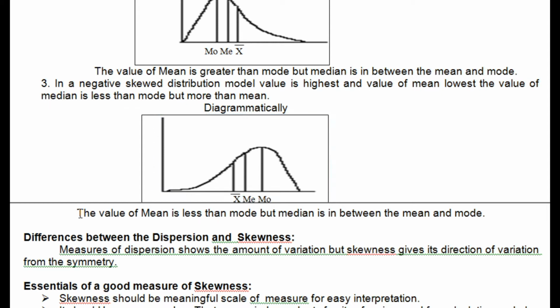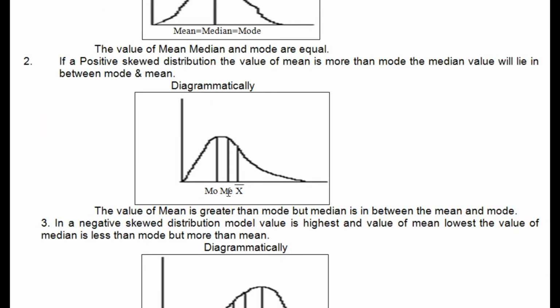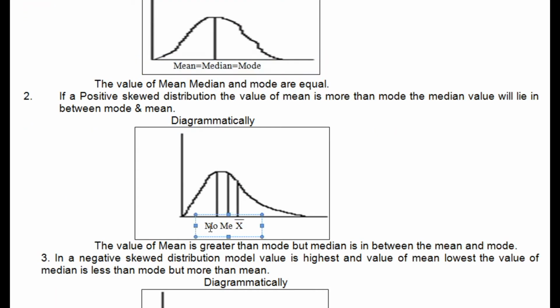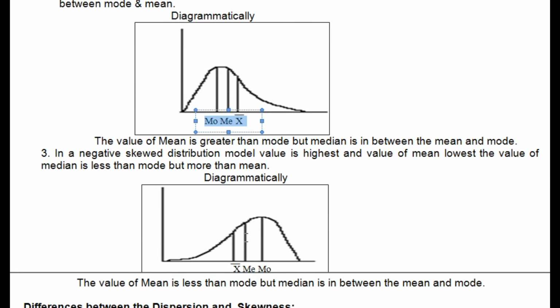If you read this statement, the value of mean is less than mode. If you say 1, 2, 3, 1 is mean, median is 2, mode is 3. The mean value is less than the mode value, but the median is always in between. In the symmetrical case, mean, median, mode are the same. In positive, mean is highest, mode is least. In negative, mean is least, mode is highest.